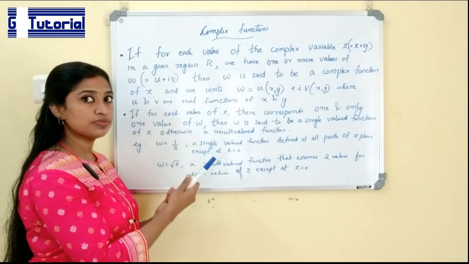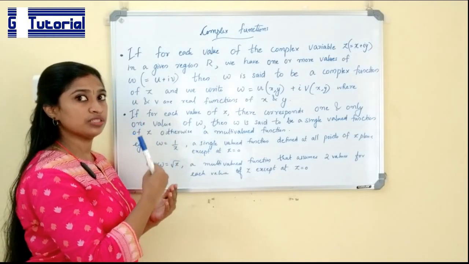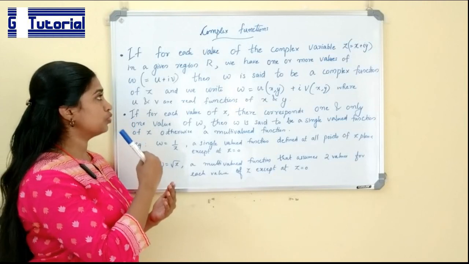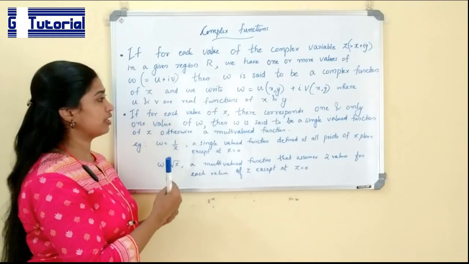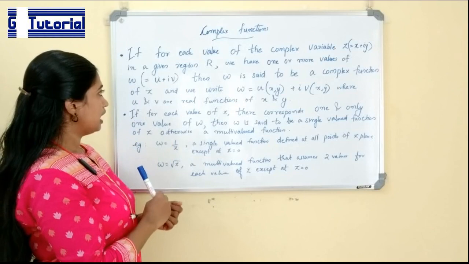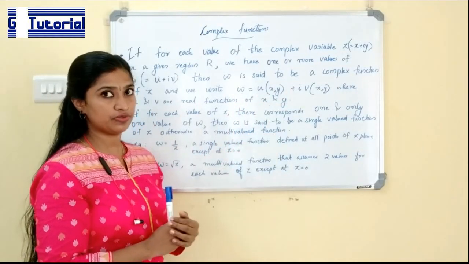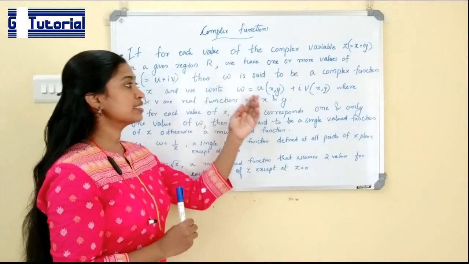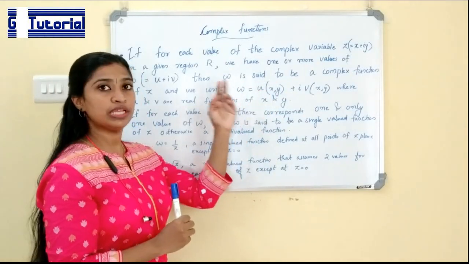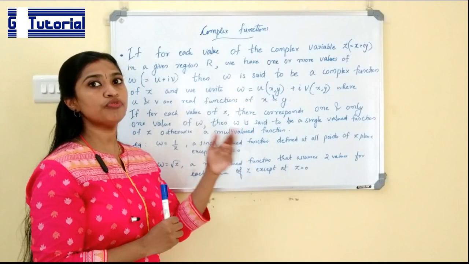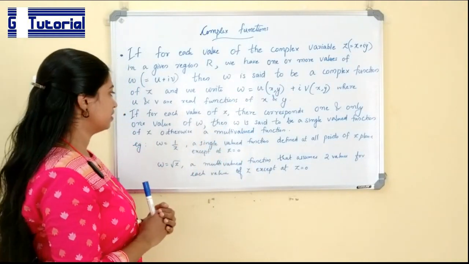And for those complex variables, we obtain a function w in the region R. This function w can be expressed as u of x,y plus i v of x,y, where the real part and the imaginary part are each functions of x and y respectively.